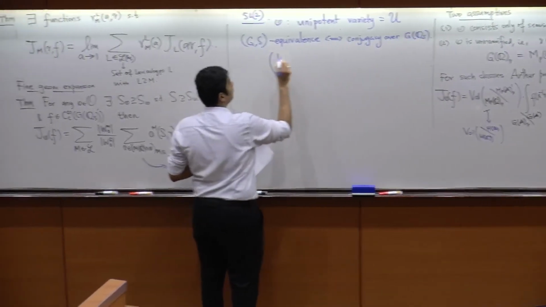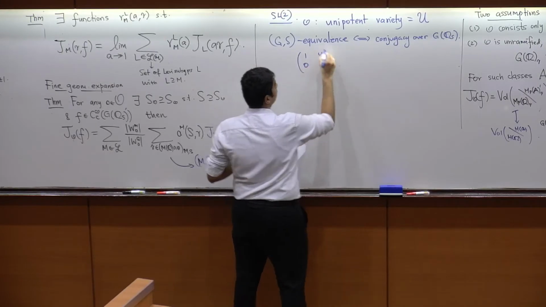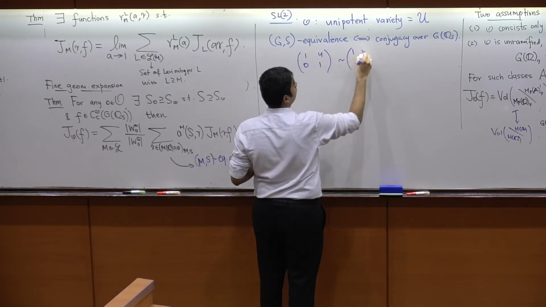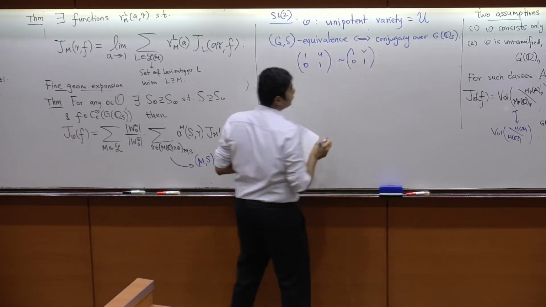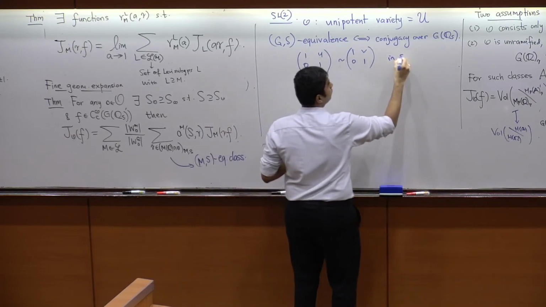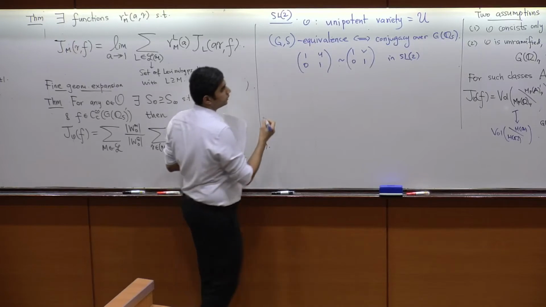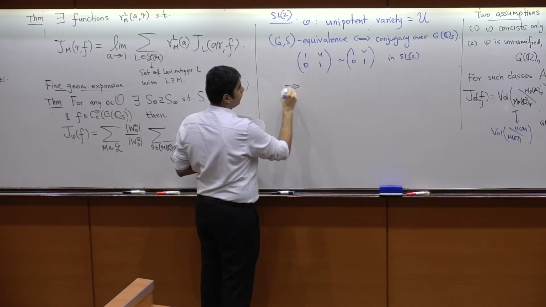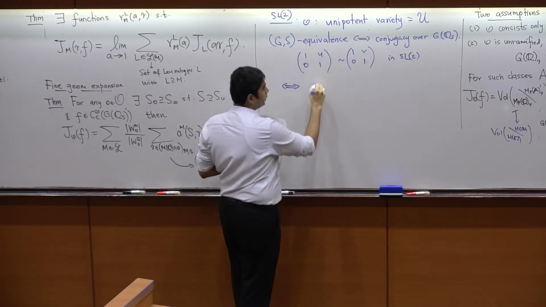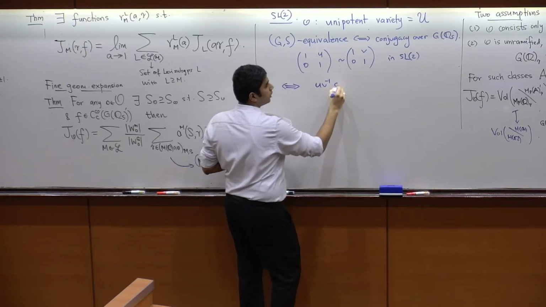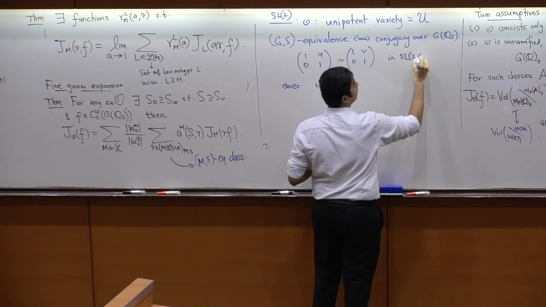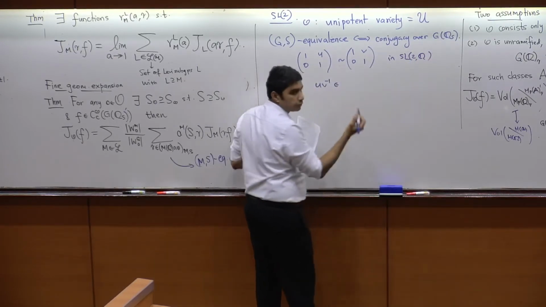Now, if you take these semisimple elements (1,u,0,1) and you ask if they are conjugate with (1,v,0,1) inside SL2, what is the condition? Can you tell me what the condition is? The condition is that u v inverse, so let me write Q here, is a square. Yeah.